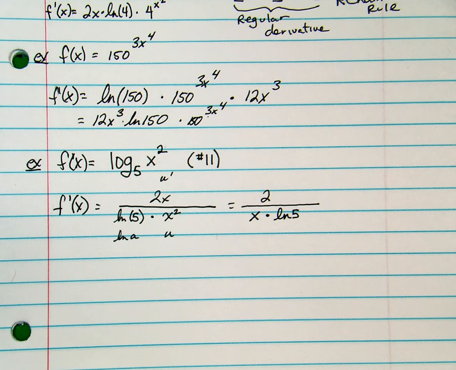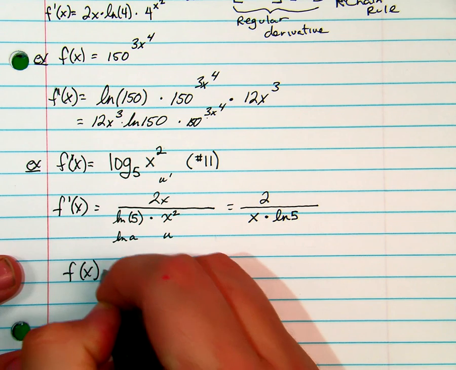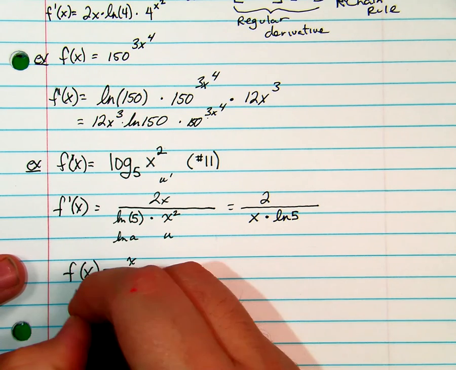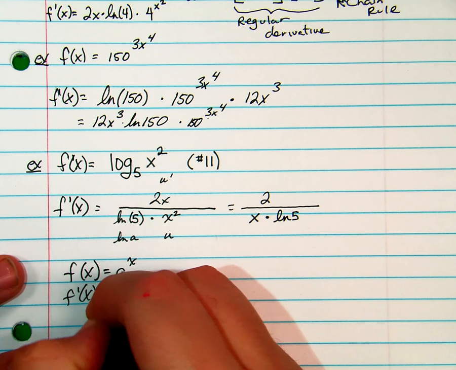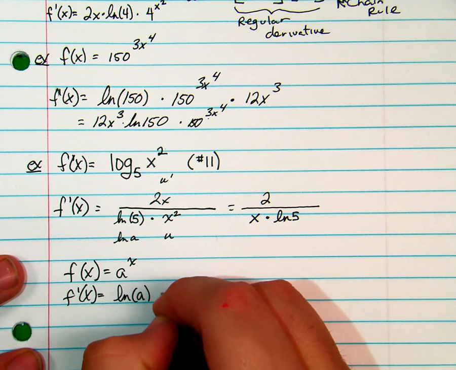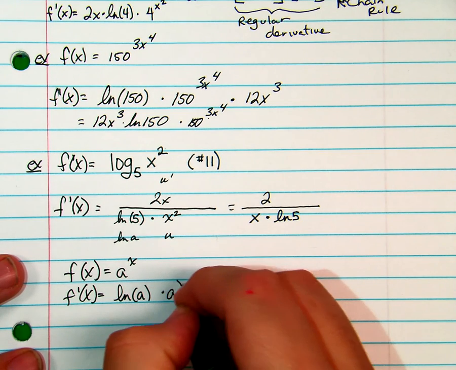Now, the natural log and the log are the inverse of those. So, if you have, for example, f of x is equal to a to the x, f prime of x is equal to natural log of a times a to the x with the chain rule if you need it, right?